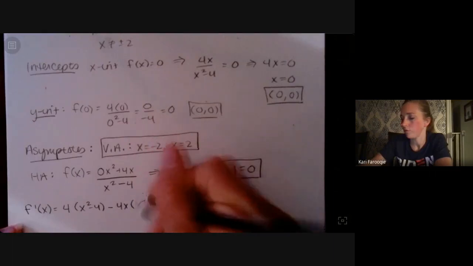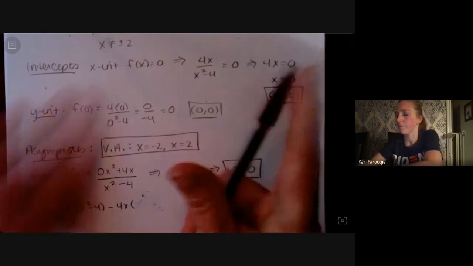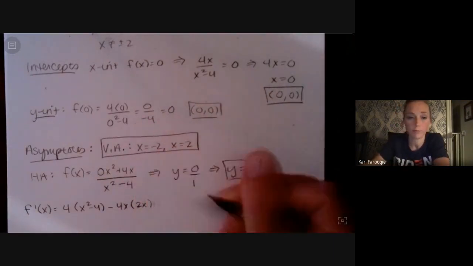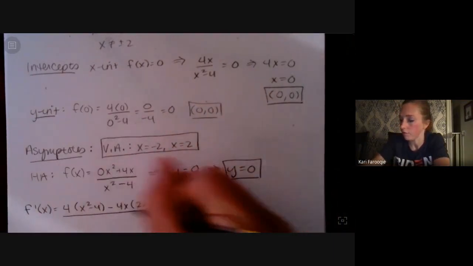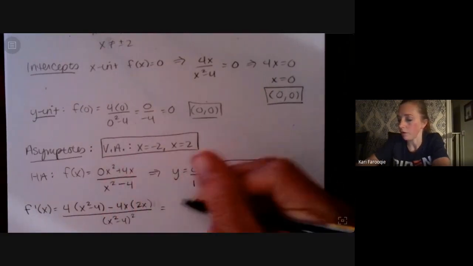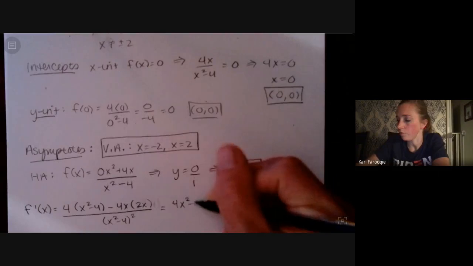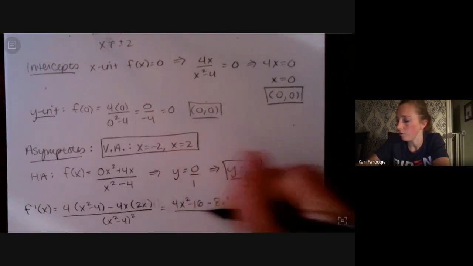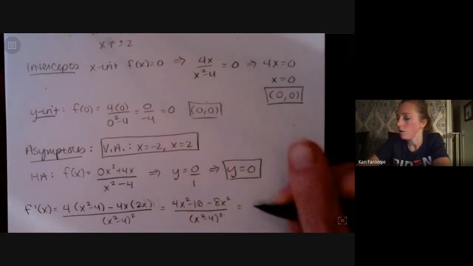Sorry, I'm getting ahead of myself here. F prime g minus f g prime, there's no power on that, divided by g squared. This is 4x squared minus 16 minus 8x squared divided by x squared minus 4 quantity squared.